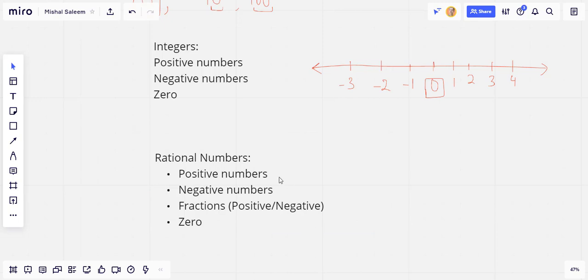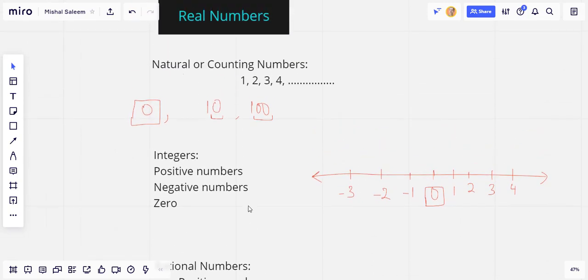If a number is positive, it's rational. If a number is negative, it's rational. If a number is 0, it's rational. If a number is presented as a fraction, whether it's positive or negative, it's rational. You might have noticed that I'm going in a sequence.